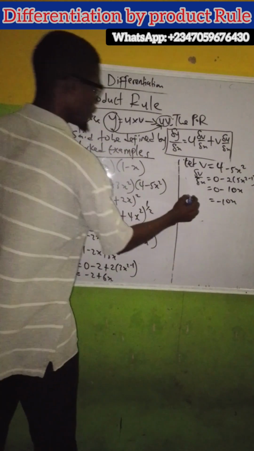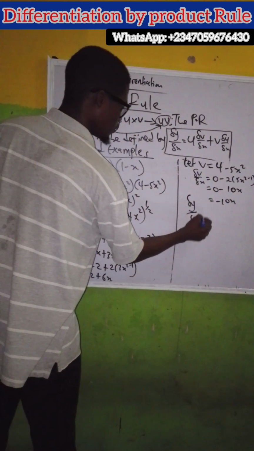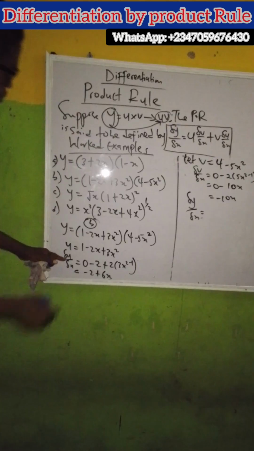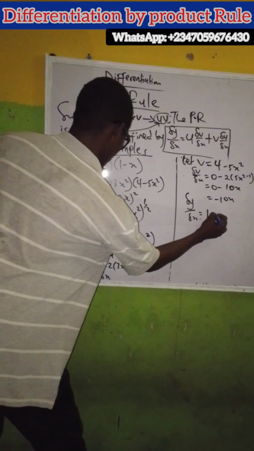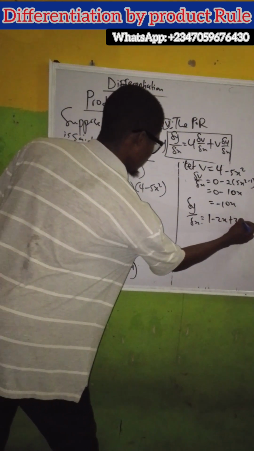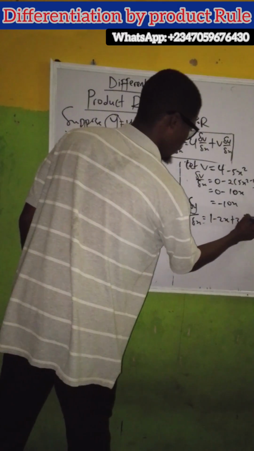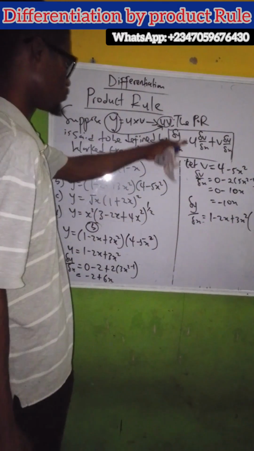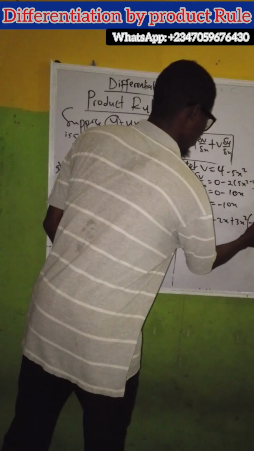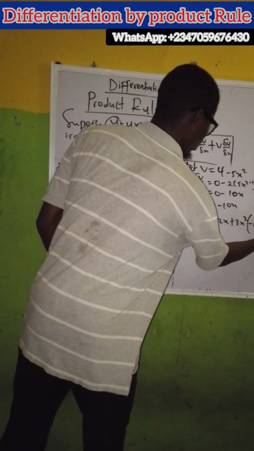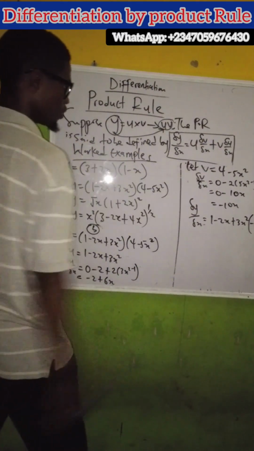So using this formula, dy over dx equals, what's our u? Our u is the first one, that's 1 minus 2x plus 3x squared. Don't forget our u into brackets. What is dv over dx? The dv over dx is minus 10x, plus that is here. And what's our v?